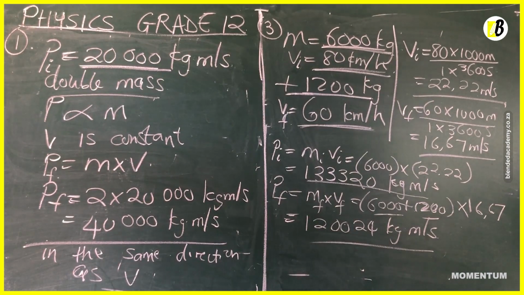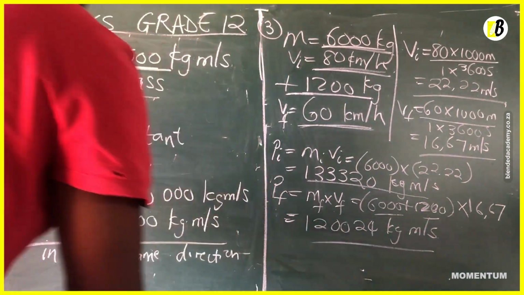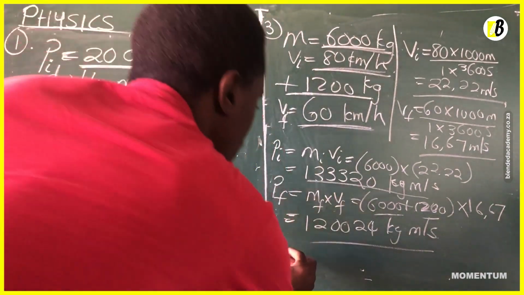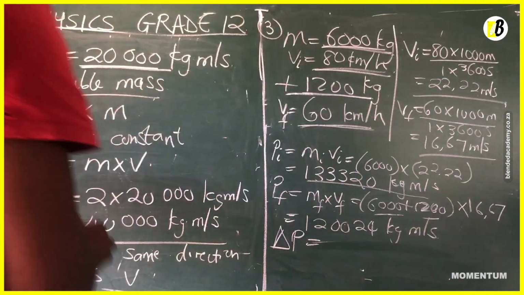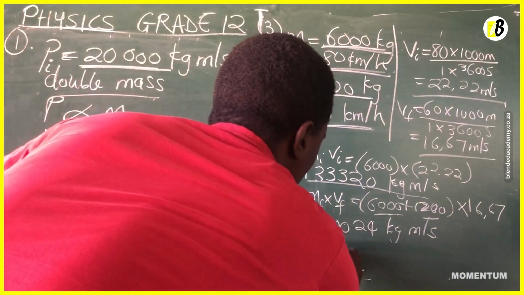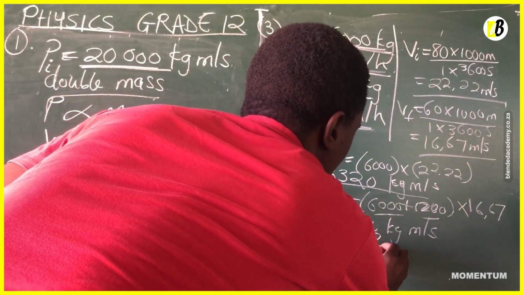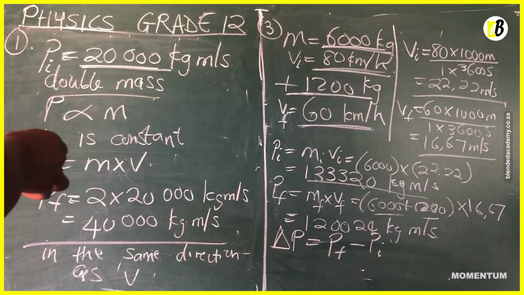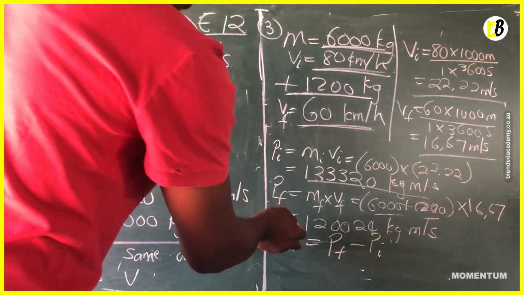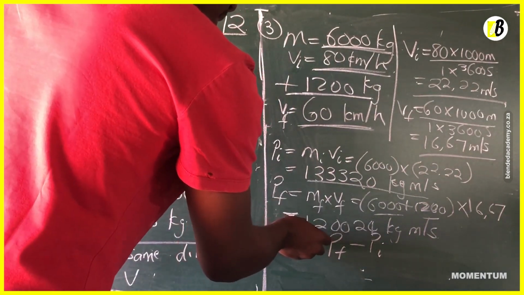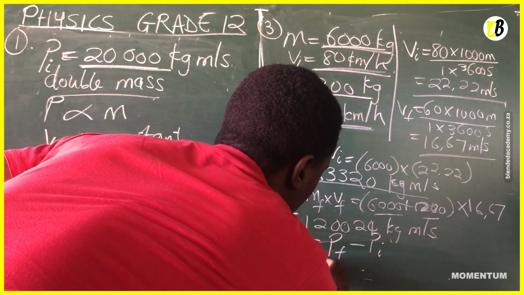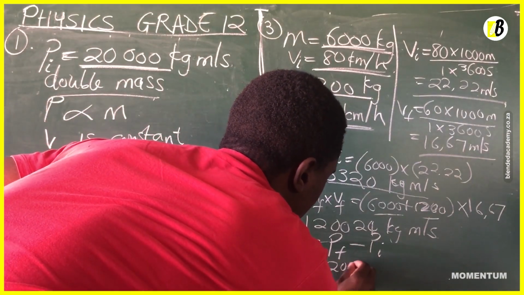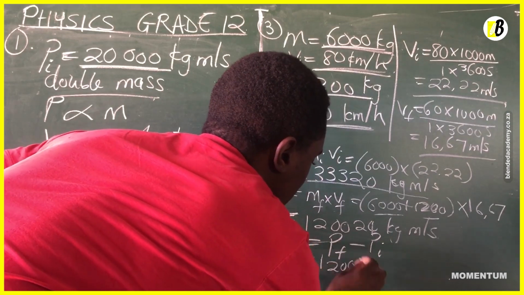That's our final momentum. And for the change in momentum, we know that it equals the final momentum minus the initial momentum. We know that our final momentum is this right here. Oh, no, sorry, I made a mistake.